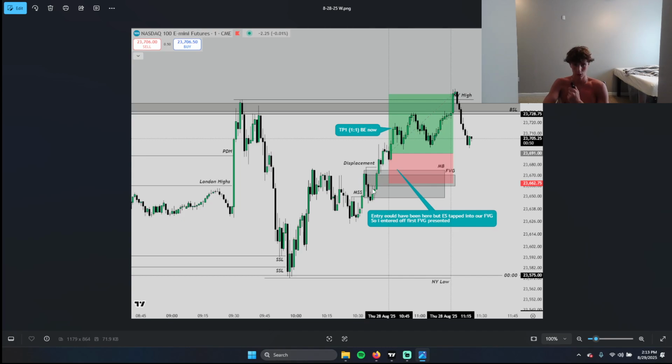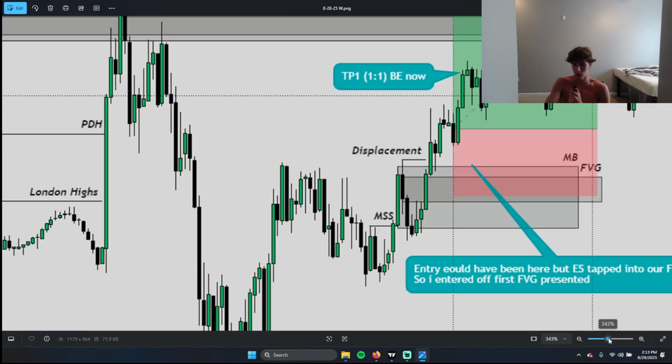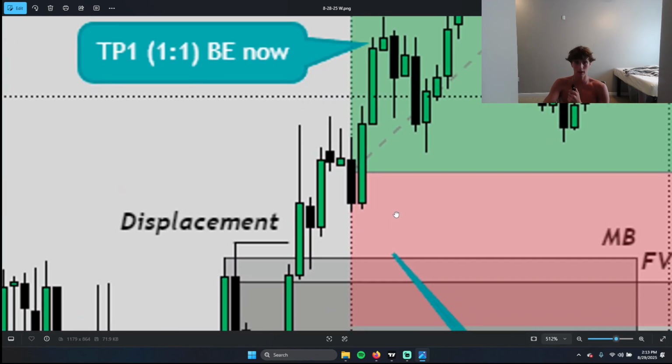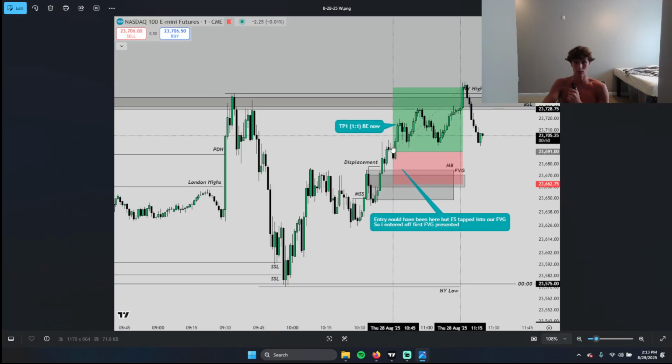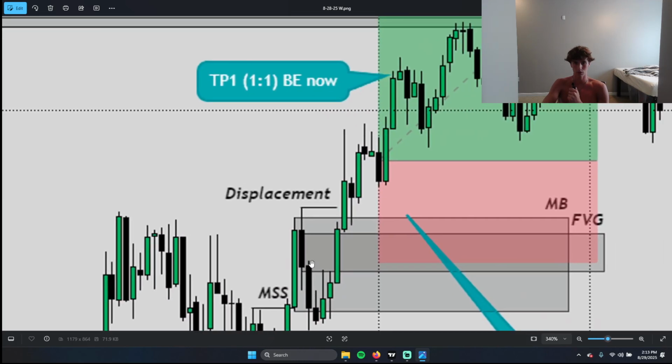So boom, we displace even more, creating more fair value gaps. And as you can see, can I even zoom in? Okay, as you can see, macro is literally right here. So we displace right here, boom. We have this fair value gap down here, although we don't ever tap into it, and we create this fair value gap right before macro.